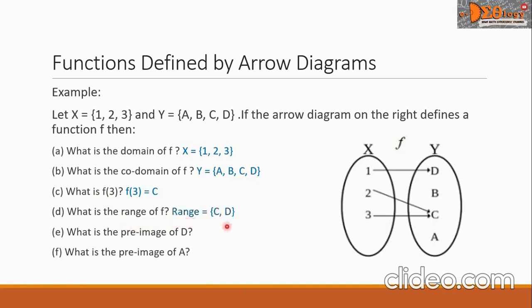The range is the set C, D. Question E. What is the pre-image of D? The D is here. The pre-image is 1. Question F. What is the pre-image of A? The A is here, so A has no pre-image.